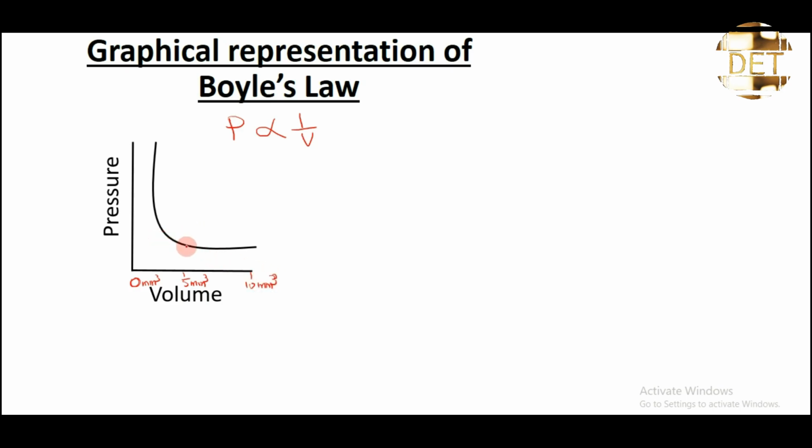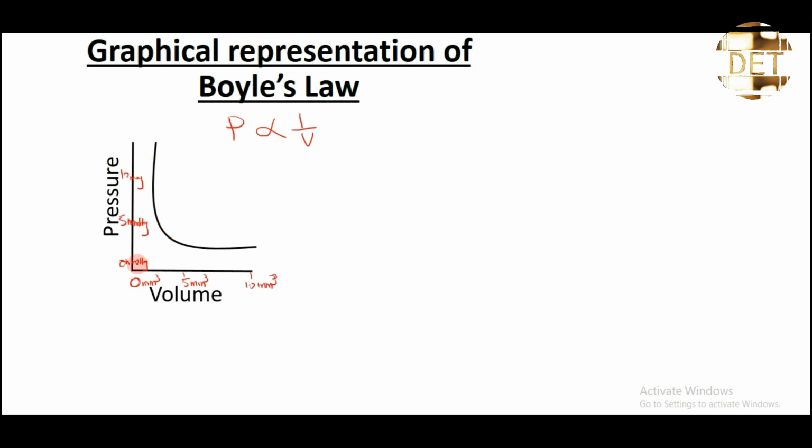You can see as you go this way, the volume will be increasing. Then let's say here is 0 millimeter of mercury for the pressure, here is 5 millimeter of mercury for the pressure, and here is 10 millimeter of mercury.